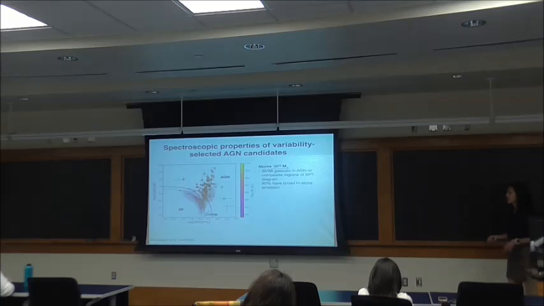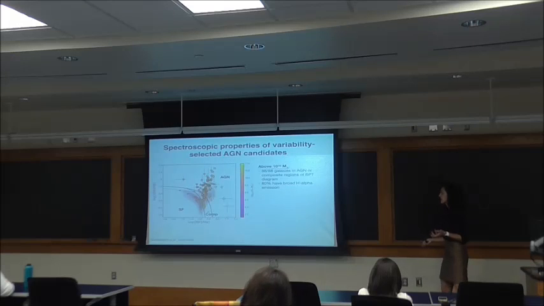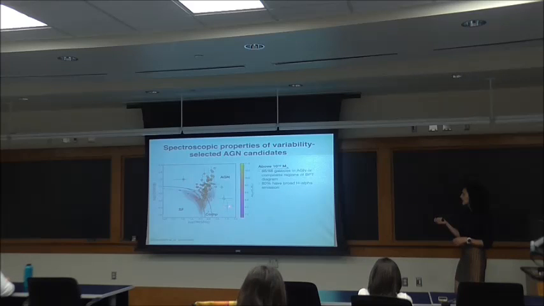This is showing where they all sit on the BPT diagram. They all have Sloan Digital Sky Survey spectroscopy, and here the points are color-coded by the galaxy stellar mass, with the yellow points having stellar masses of about 10^11, and purple about 10^8.